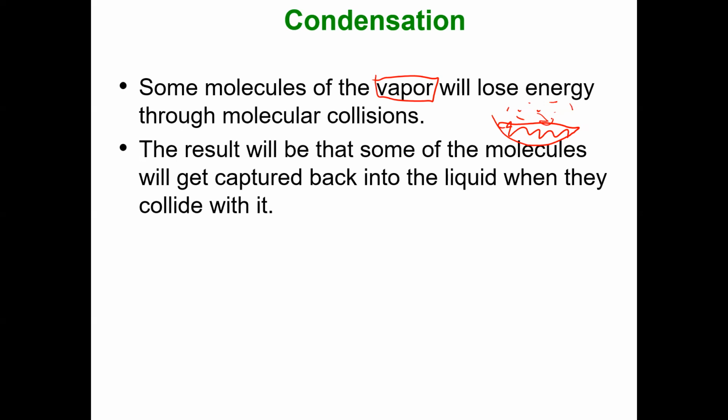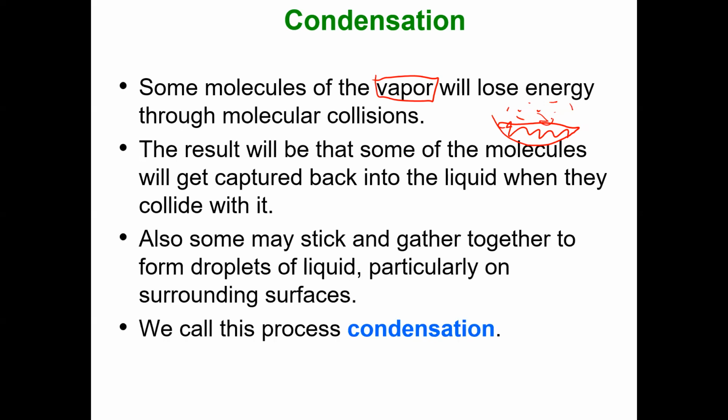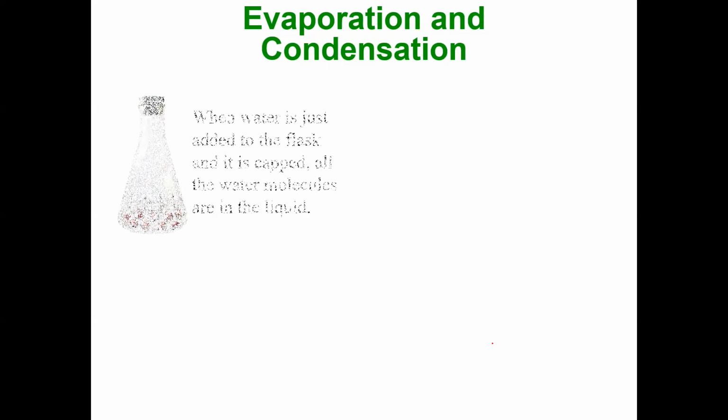So the vapors are moving slower and they're condensing and forming dew and liquid. So some of those vapors that collide into that surface will stick and form droplets. And we call this condensation. So realize there's kind of this battle between evaporation and condensation.